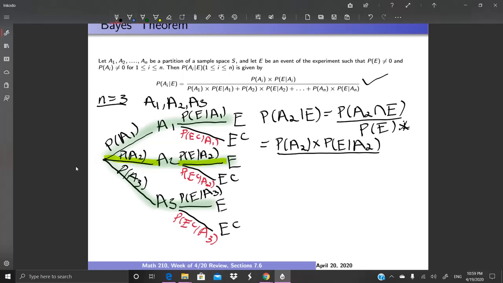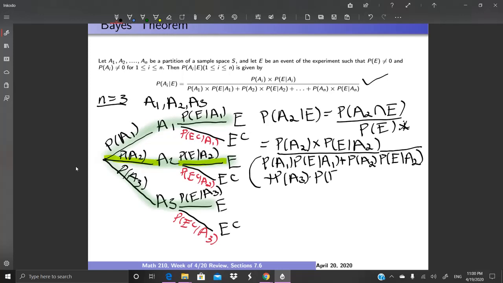So you want to take the probability of A1 times the probability of E given A1, that's that first branch, plus the next branch, the probability of A2 times the probability of E given A2. Running out of space, but this is all in the denominator, plus that last branch, the probability of A3 times the probability of E given A3, right?